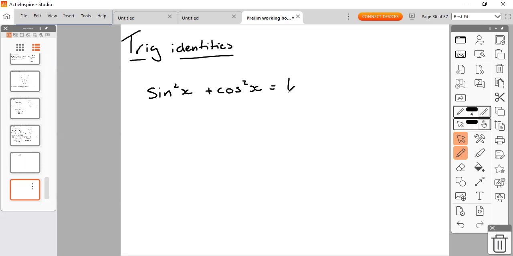So our first trig identity is sine squared x plus cos squared x equals 1. Our second trig identity is tan A equals sine A over cos A. Now in the question, you have to use one or the other.